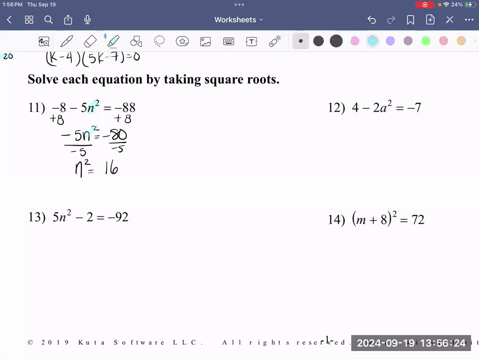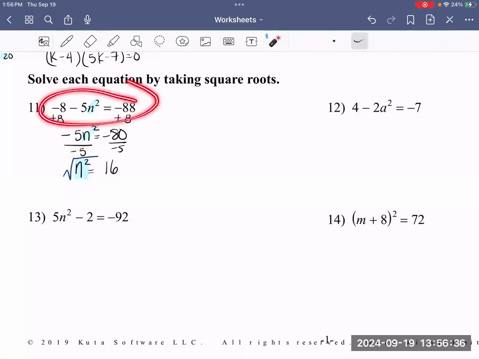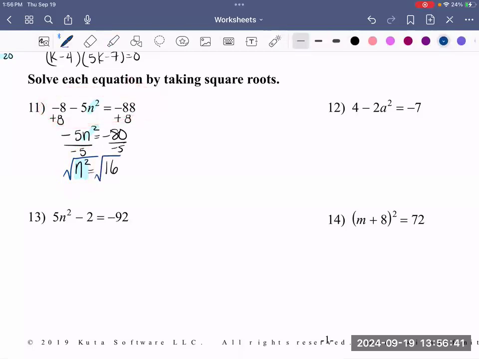Now that n is alone, and it is even better, squared, to undo a square, we have to square root it. Now keep in mind, because your equation doesn't start with a square root, what we now have to do when we square root the other side is to account for both a positive and a negative solution.